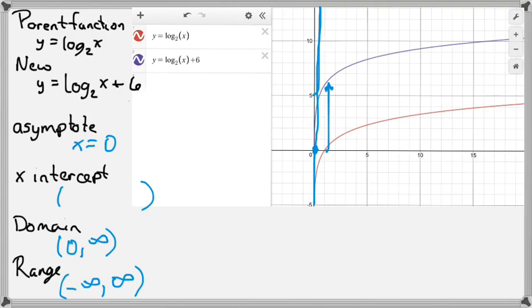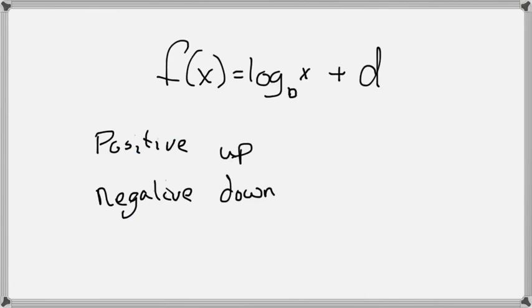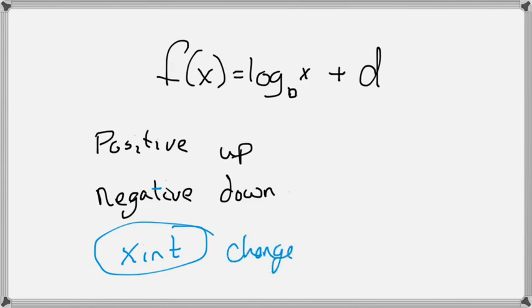Like I said, the only time I'll make you do an x-intercept is if you can do it with a decimal on this lesson. So if it's positive, it's going to move up. If it's negative, it's going to move down. It is going to change the x-intercept. And that is it on the functions of what it's going to change and those key features.